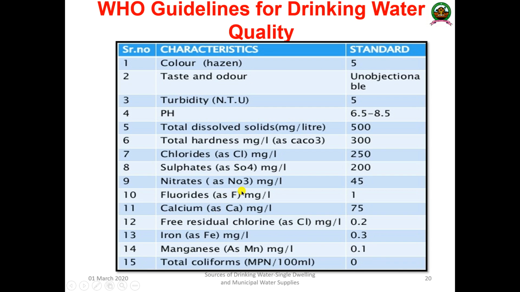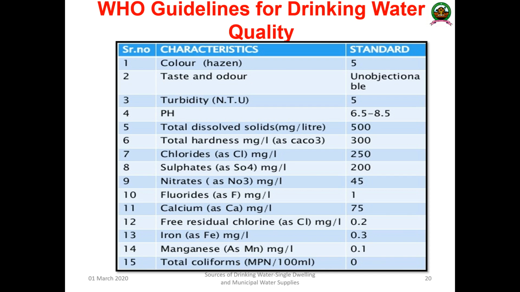Calcium as calcium, mg per liter, is 75. The free residual chlorine is 0.2. Iron, Fe, milligram per liter, is 0.3. Manganese as Mn, mg per liter, is 0.1.